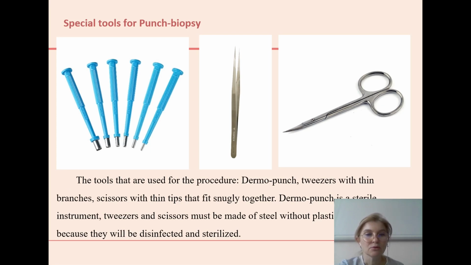The tools used for the procedure are a dermopunch, tweezers with thin branches, and scissors with thin tips that fit snugly together. Dermopunch is a sterile instrument. Tweezers and scissors must be made of steel without plastic parts because they will be disinfected and sterilized.